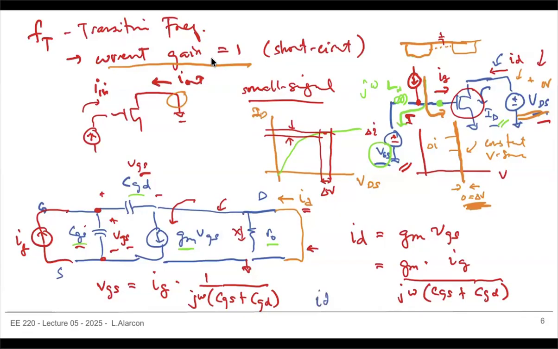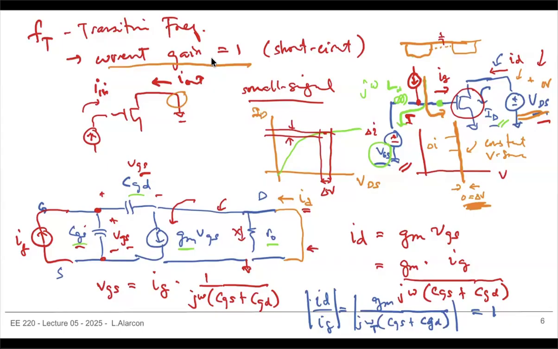As you'd see, ID over IG is equal to GM over j omega (CGS plus CGD). So if I take the magnitude of this and equate that to 1, then that frequency is my transition frequency, omega t.